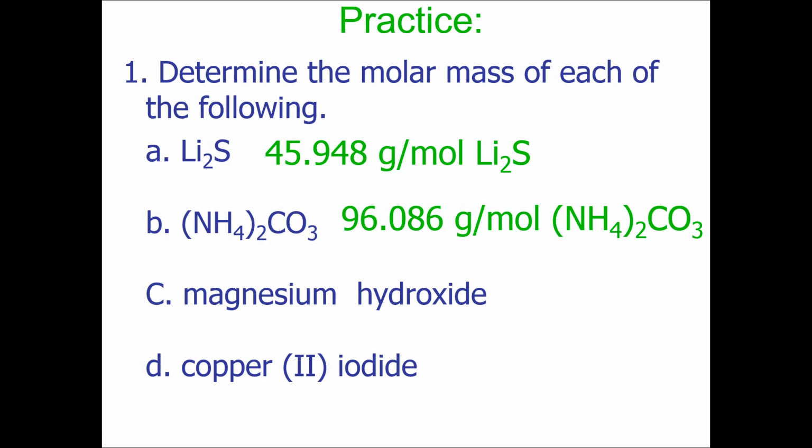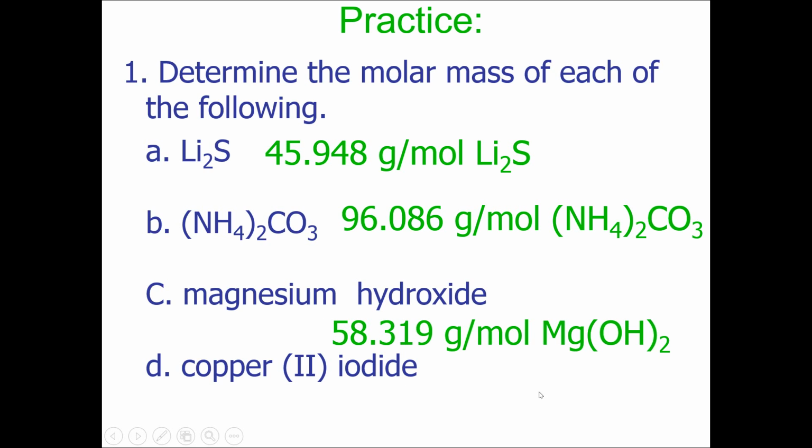Because again, you're going to notice that making sure you have the right formula is going to make all the difference in making sure you can calculate a molar mass. So for magnesium hydroxide, I hope you had a formula of Mg(OH)2, with the 2 on the outside of the parentheses, because if you didn't have that, you would not have calculated 58.319 grams per mole.